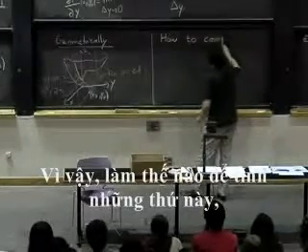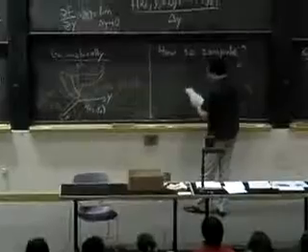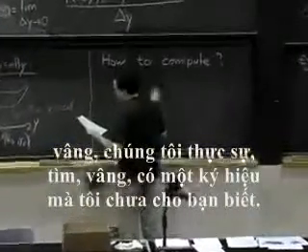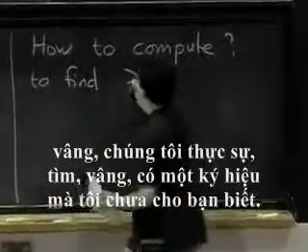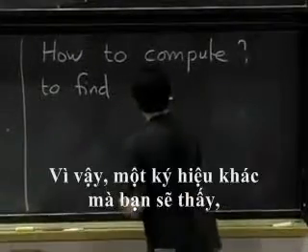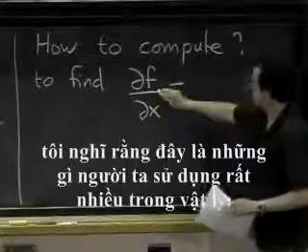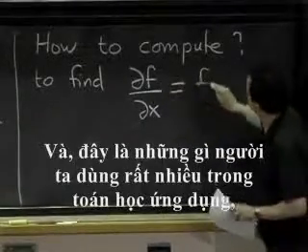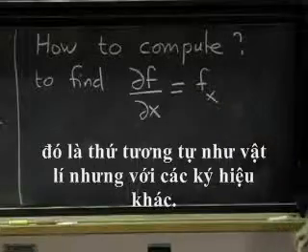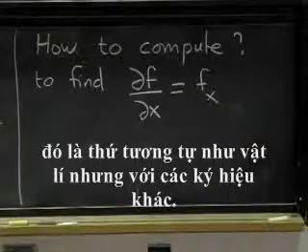So how to compute these things? Well, there's a piece of notation I haven't told you yet. Another notation you will see, which one uses a lot in physics, and this is what one uses a lot in applied math, which is the same thing as physics, but with different notations.